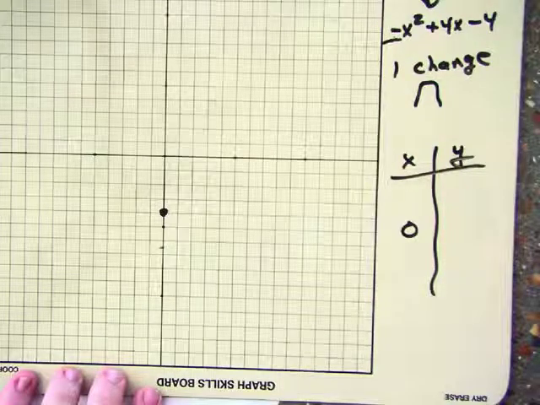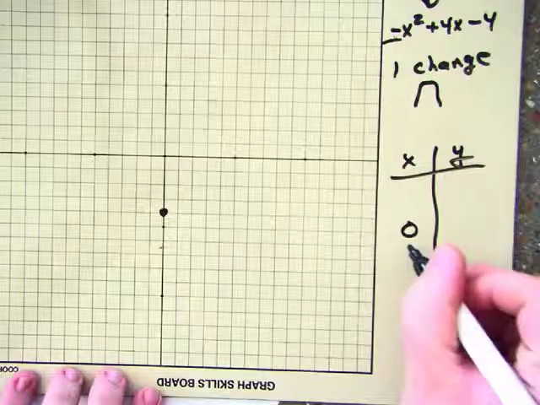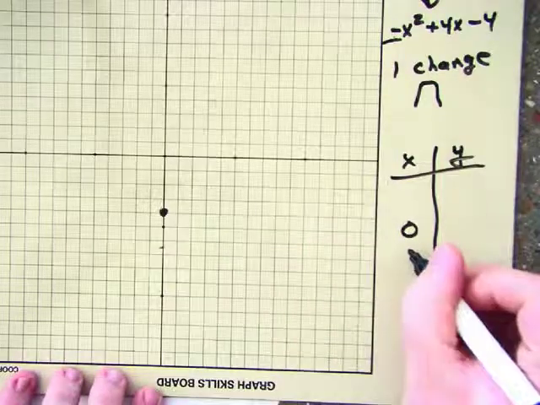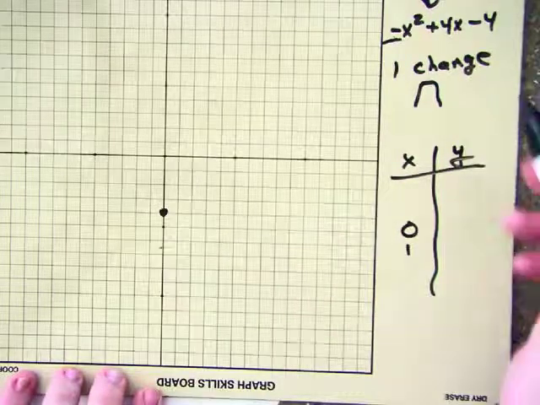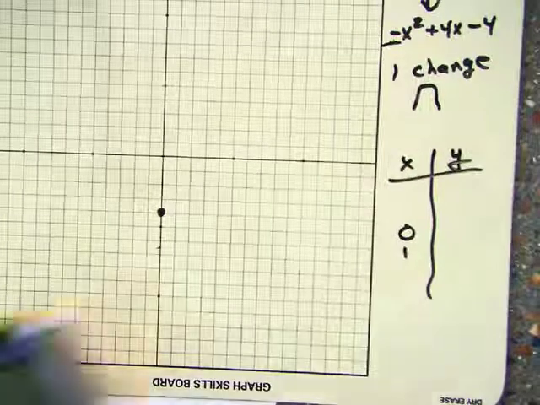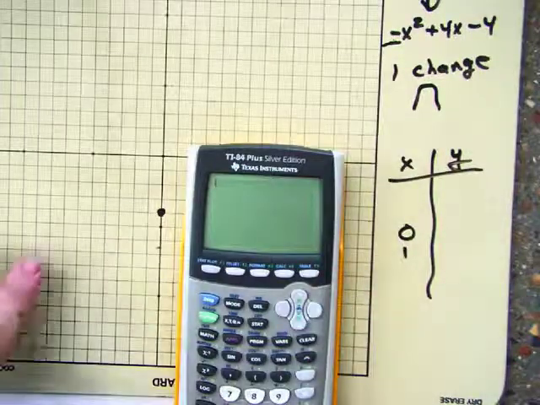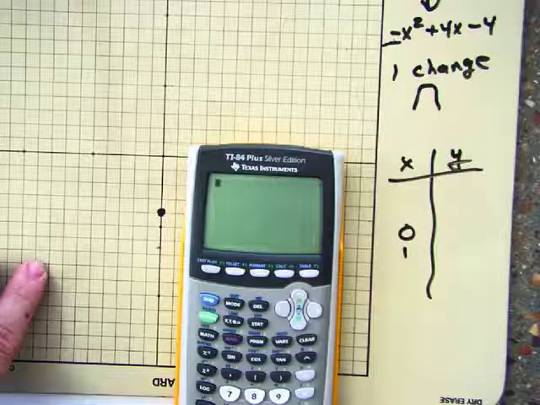Now let's move forward a little bit. Let's go 1. When it's 1, we can plug it into the calculator here.